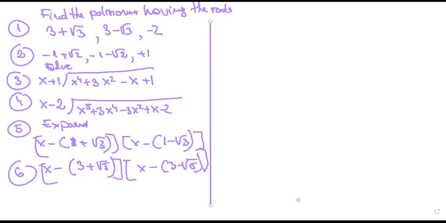Okay, so let's start with 1. So if a polynomial has a root, for example, 2, we write the polynomial as having a factor x minus 2. Okay, so that's the idea. And we are going to expand these polynomials.